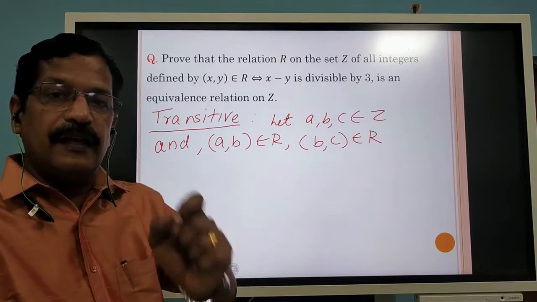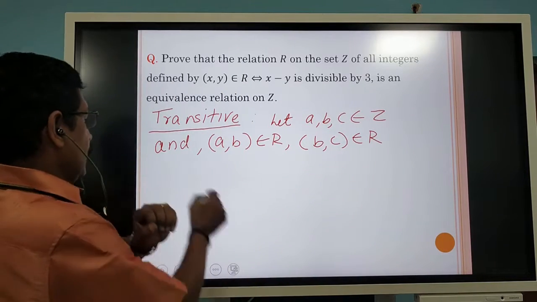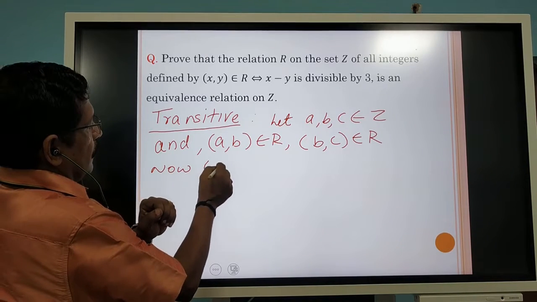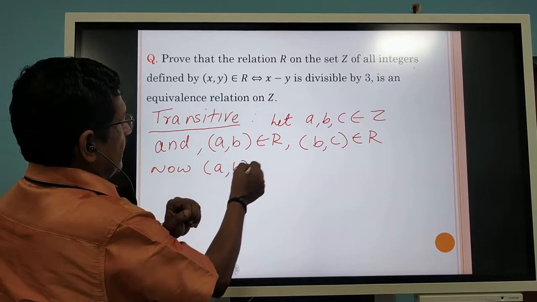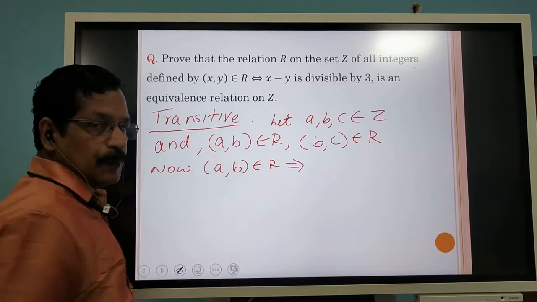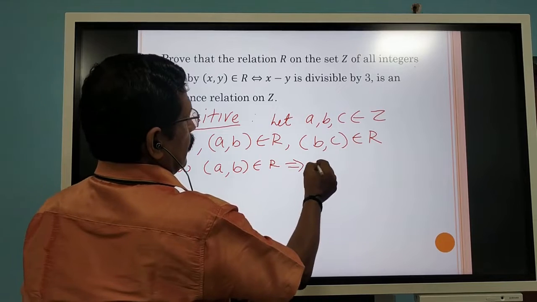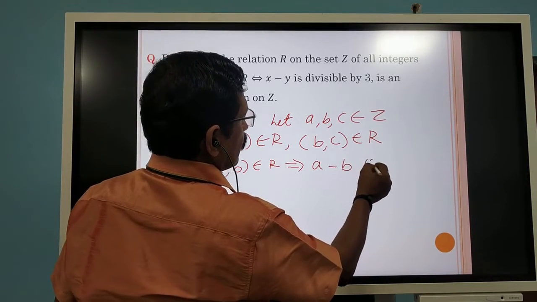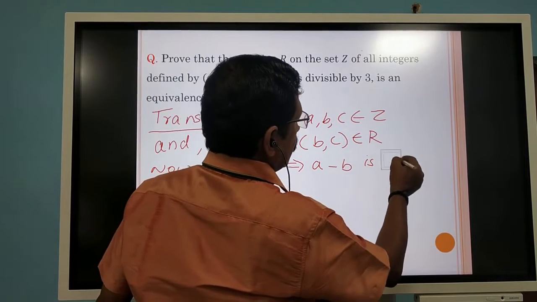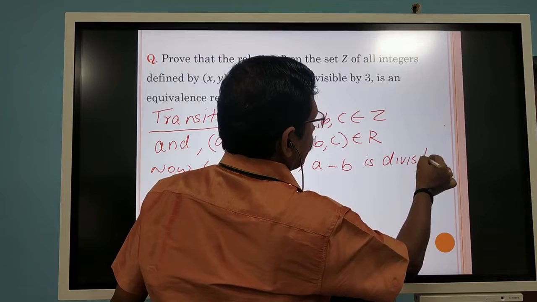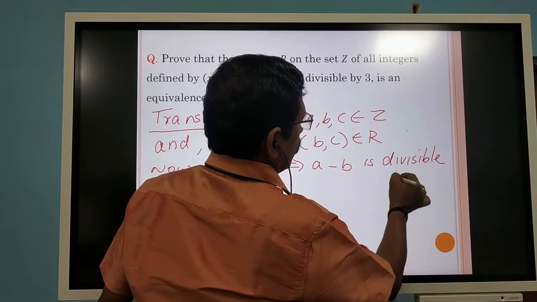We have to get a is related to c. Now, a related to b implies a minus b is divisible by 3.